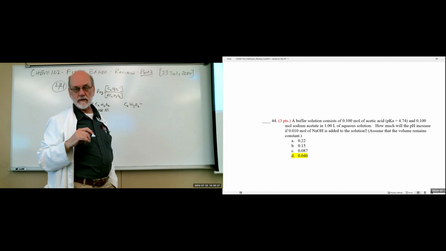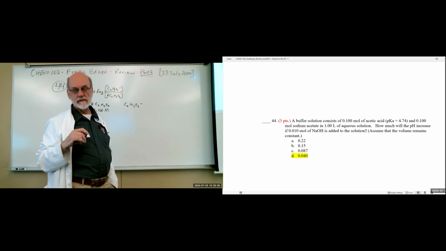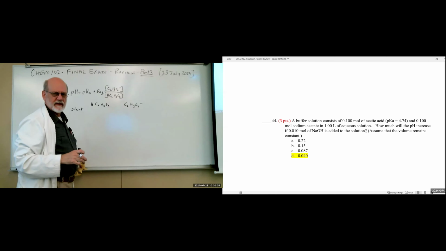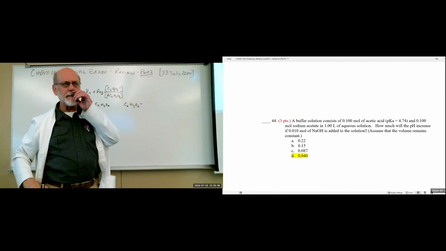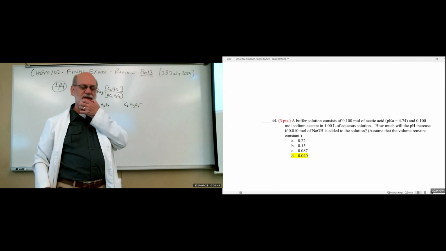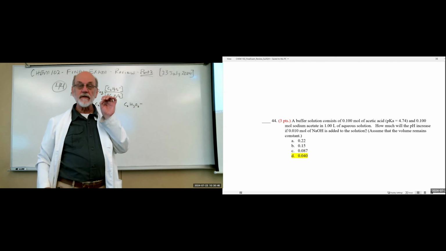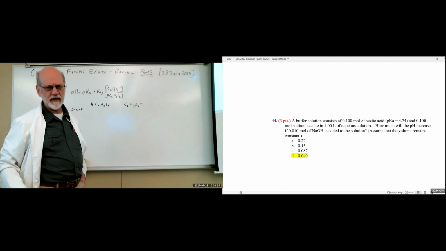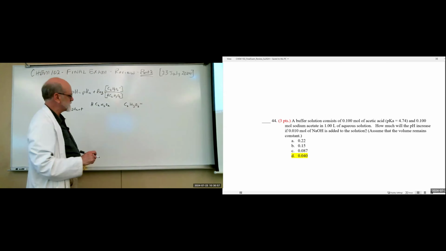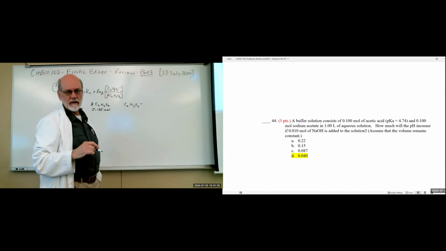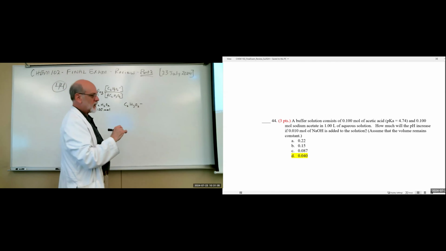Remember when we did the lab trying to find out the formation constant? We did our calculations with moles of reactants and products, and then we calculated concentration afterwards. I think this one would lend itself to that. So we're starting off with 0.1 mole of acetic acid and 0.1 mole of acetate.